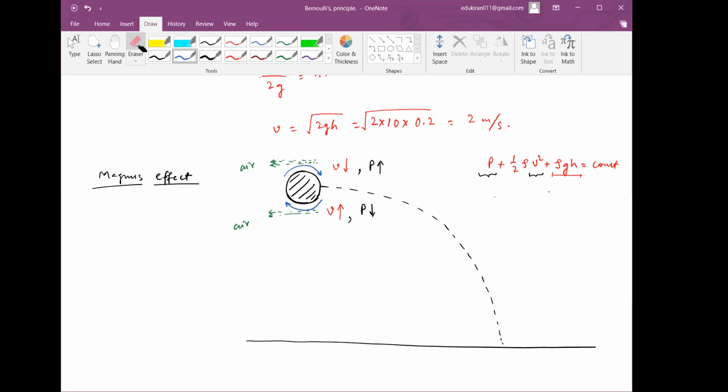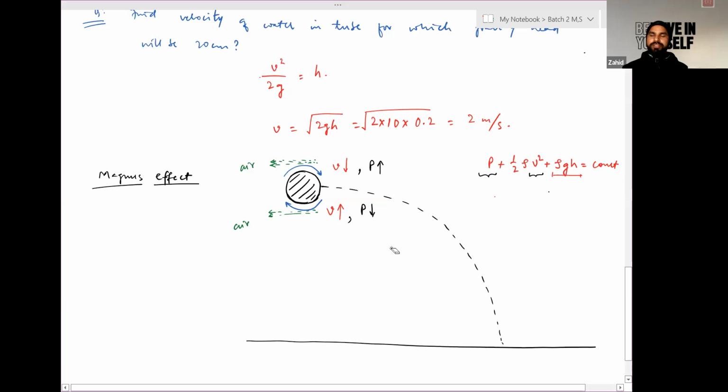Now, due to pressure difference, matter moves from higher pressure to lower pressure. In this case, due to change in velocity, there is change in pressure. Upper end has greater pressure compared to lower end. So due to this pressure difference, it will tend to move this ball in the downward direction.